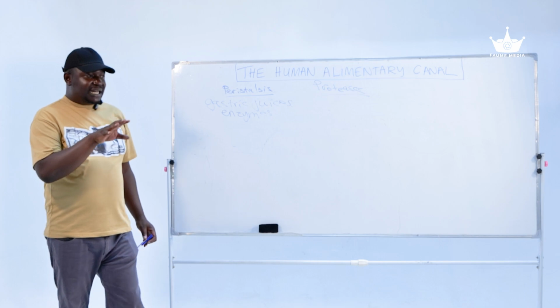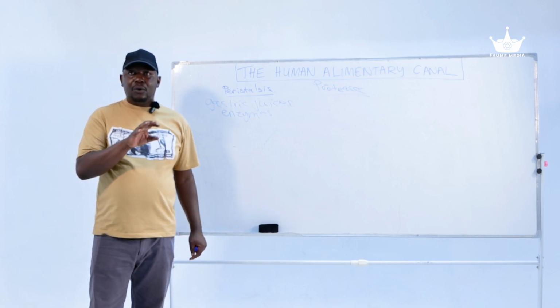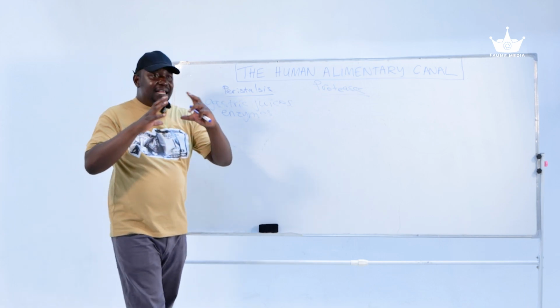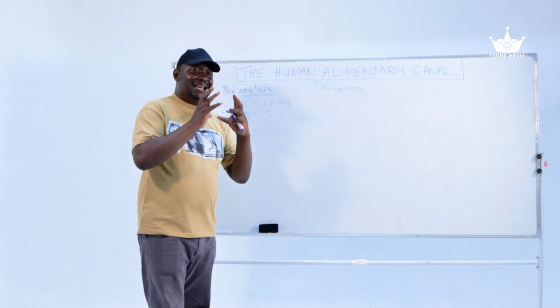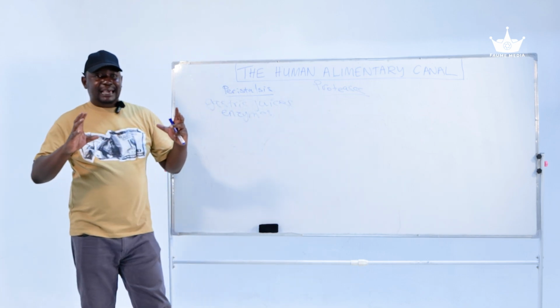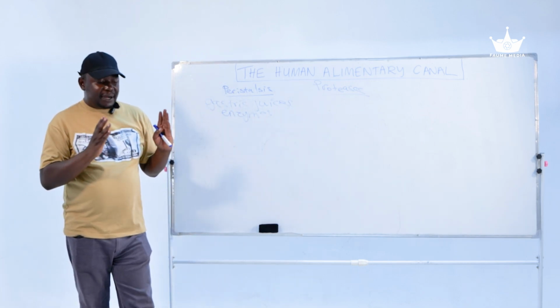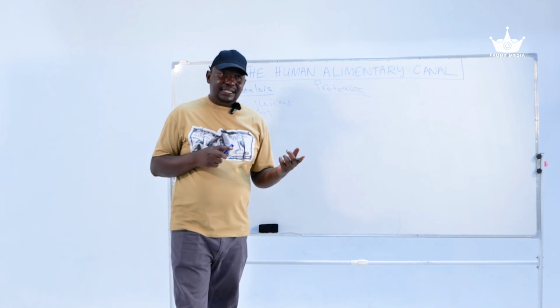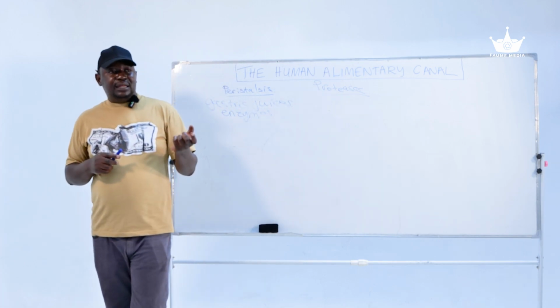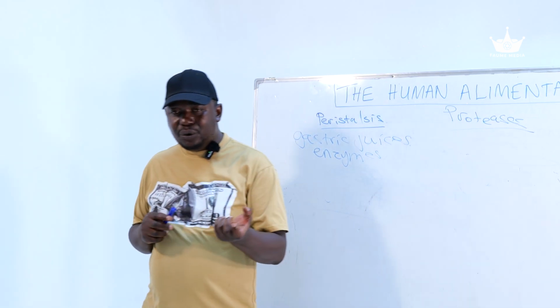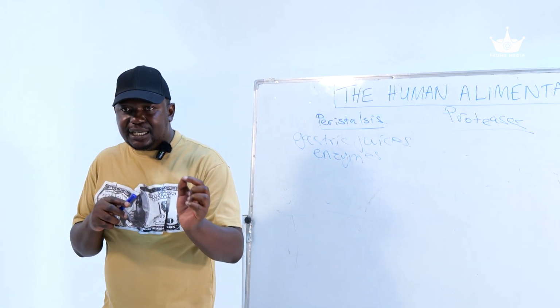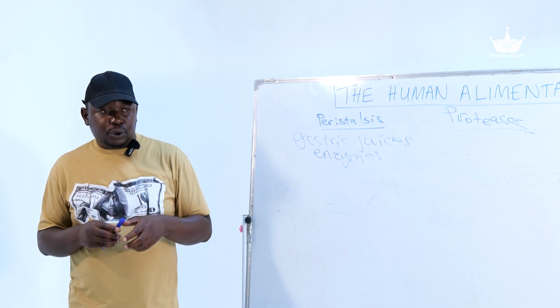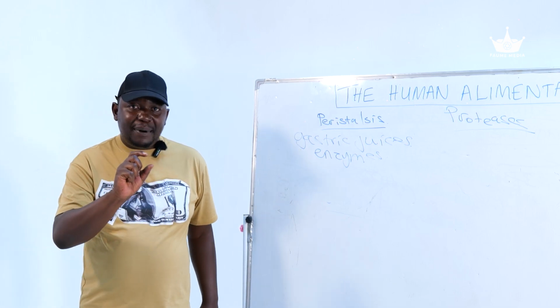The duodenum is the part of the alimentary canal where we have the liver coming into play. The liver is a very large and complex organ in the human body which has several functions, which include the production of bile, which is stored within a structure called the gallbladder.